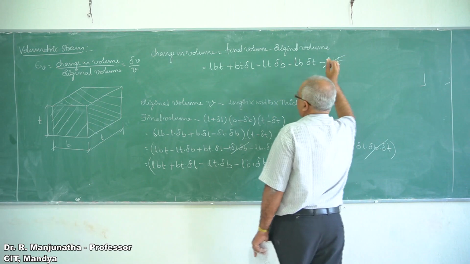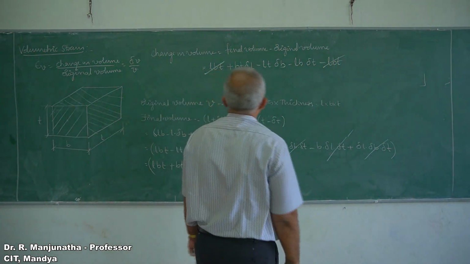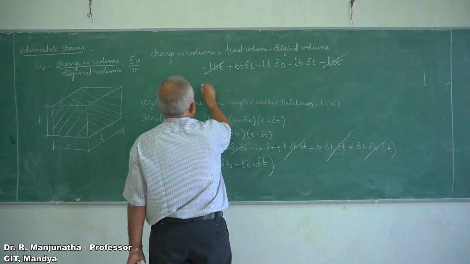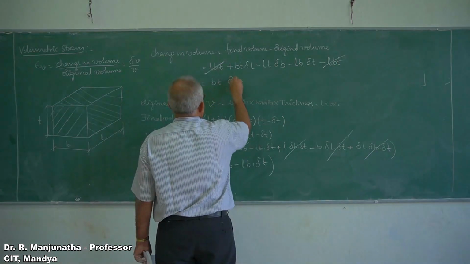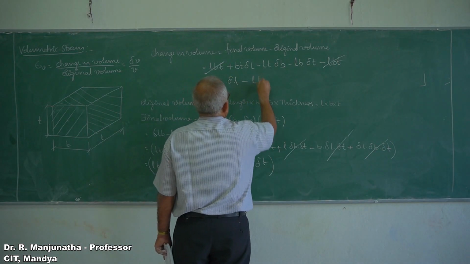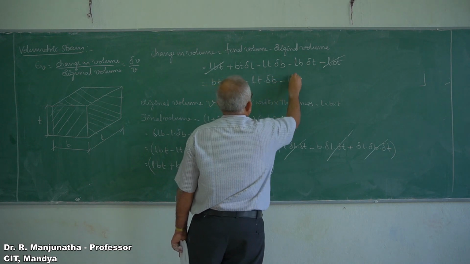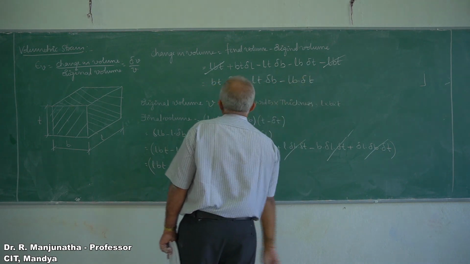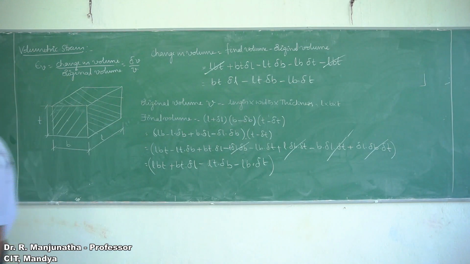So LBT minus LBT gets cancelled. That will be equal to BT into delta L minus L into T into delta B minus L into B into delta T. So this is how you get the change in volume.